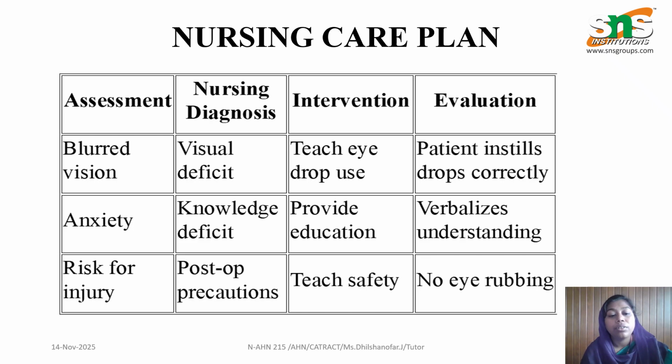And they will have anxiety, maybe due to knowledge deficit or lack of information about the surgery or the disease. So we have to provide education and explain clearly about the disease condition and the management, how home management should be done. Then risk for injury may be due to post-op precautions. So safety measures should be taken for the patients, like not rubbing the eyes and not straining. All those things have to be taught to the patient.